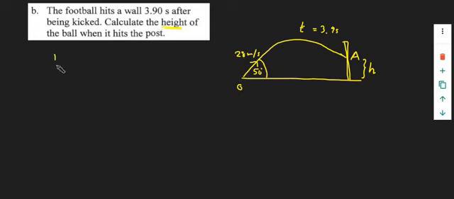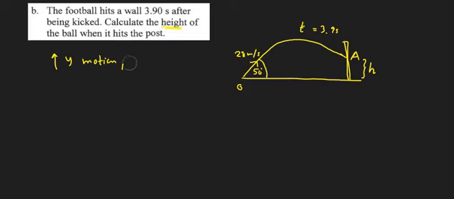So I'm looking again at the y motion of this projectile motion, and how the height changes. I'll have this equation: y final minus y initial equals v initial in the y direction multiplied by time plus 1/2 the acceleration in the y direction multiplied by t squared.